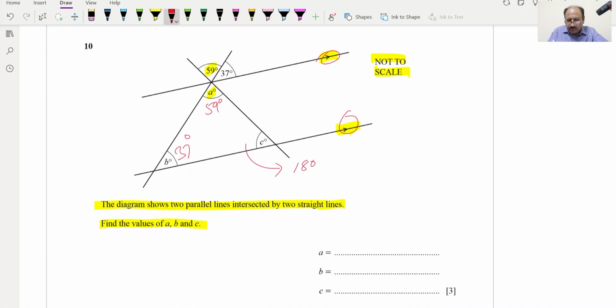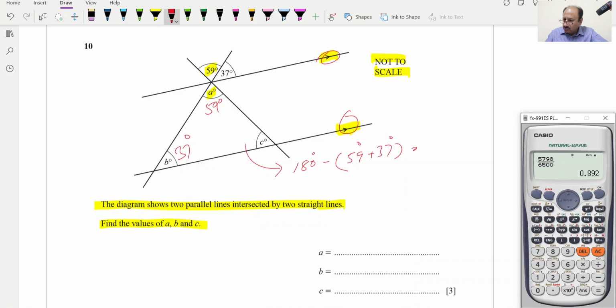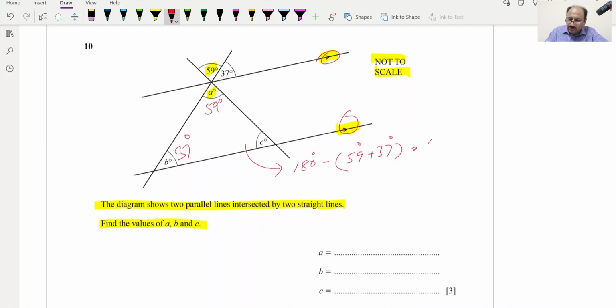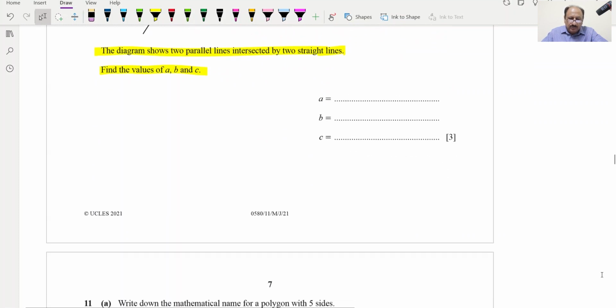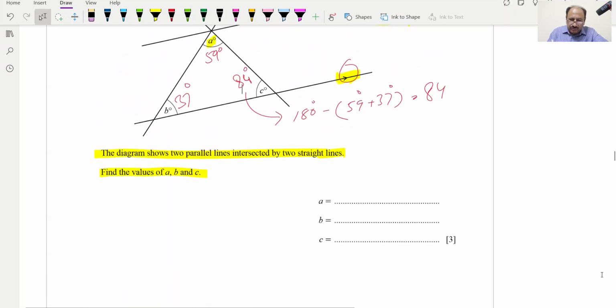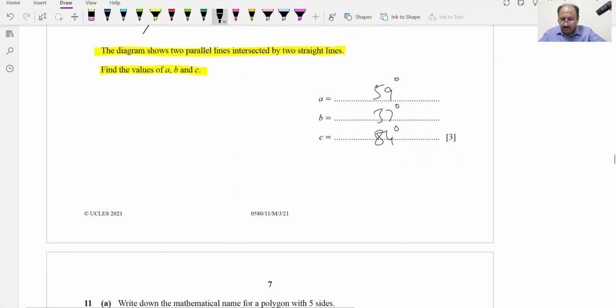This will be 180 minus 59 plus 37 degrees, and this will be equal to 84. So this will be 84 degrees. This is done. Now these are the proper locations where we will be answering. A is 59, B is 37, and C is 84 degrees, which we have provided.